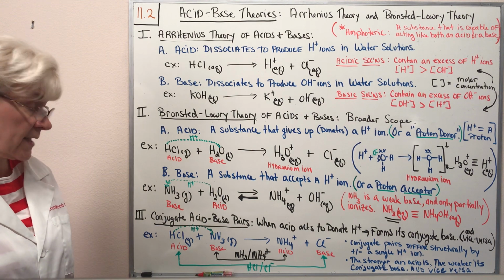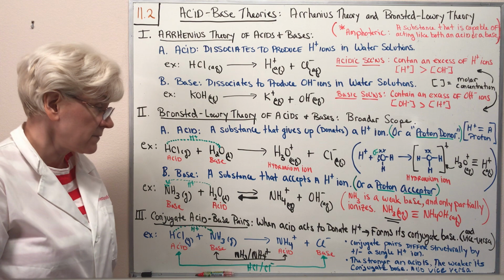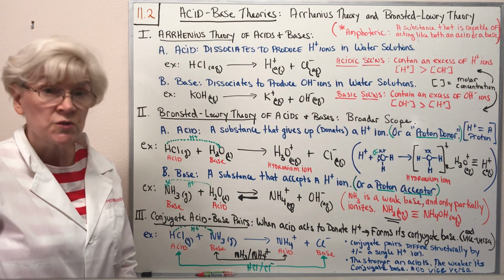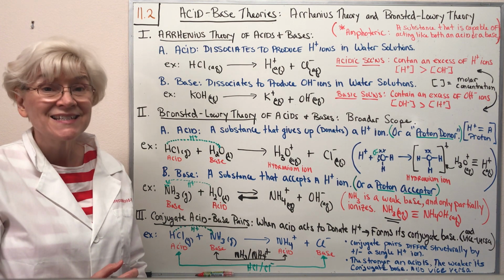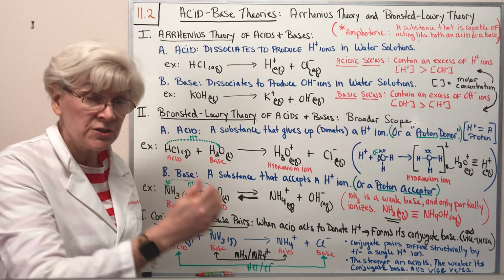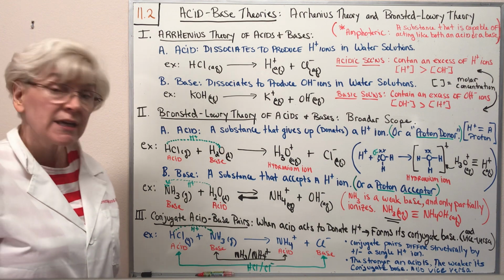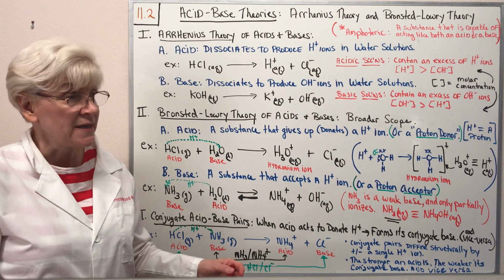The second important thing to note about conjugate acid-base pairs is that the stronger an acid is as an acid, meaning the more readily it donates its hydrogen ion, the weaker its conjugate base must be as a base.